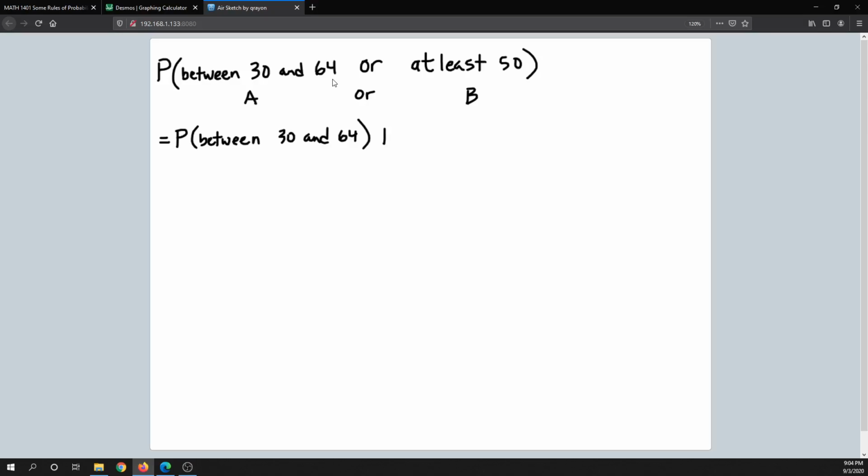And then the general addition rule says that would be plus the probability that they're at least 50, and then minus the probability that they're between 30 and 64.